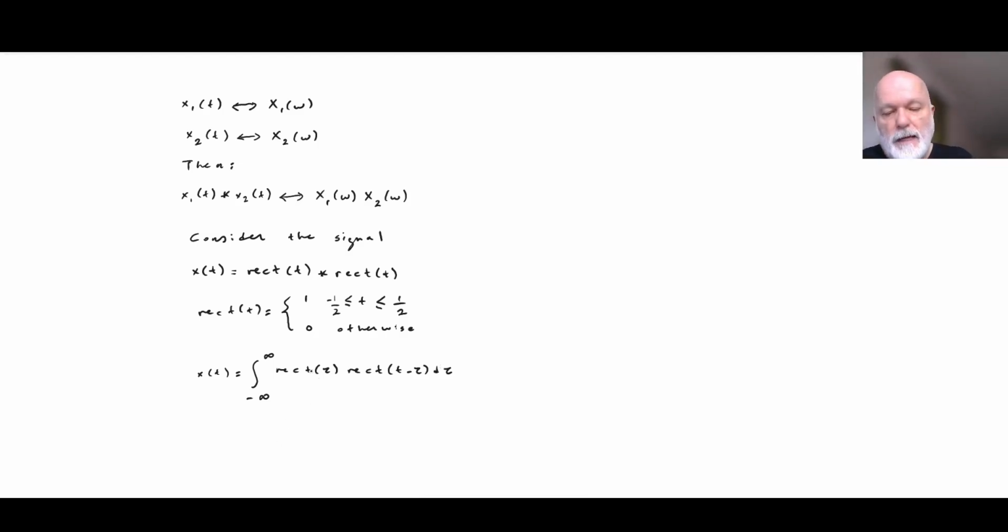Now rect of tau is the same definition with tau instead of t.